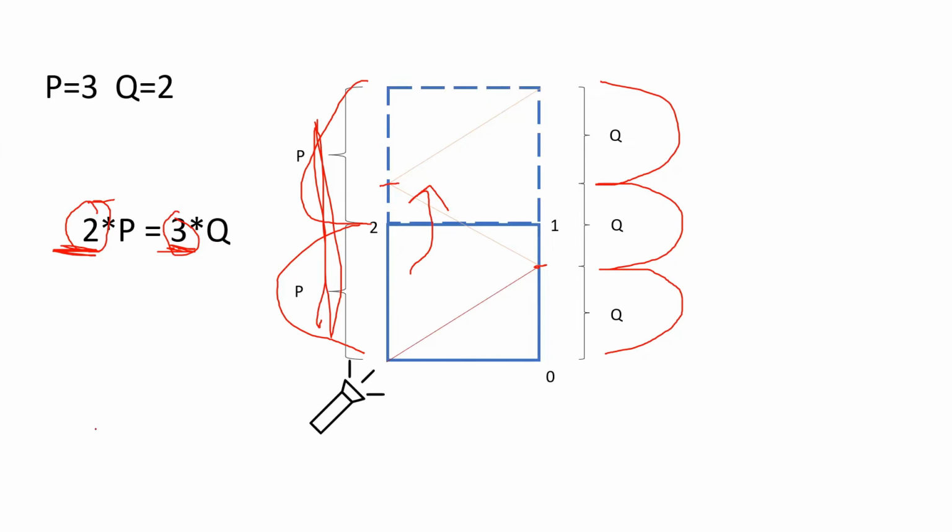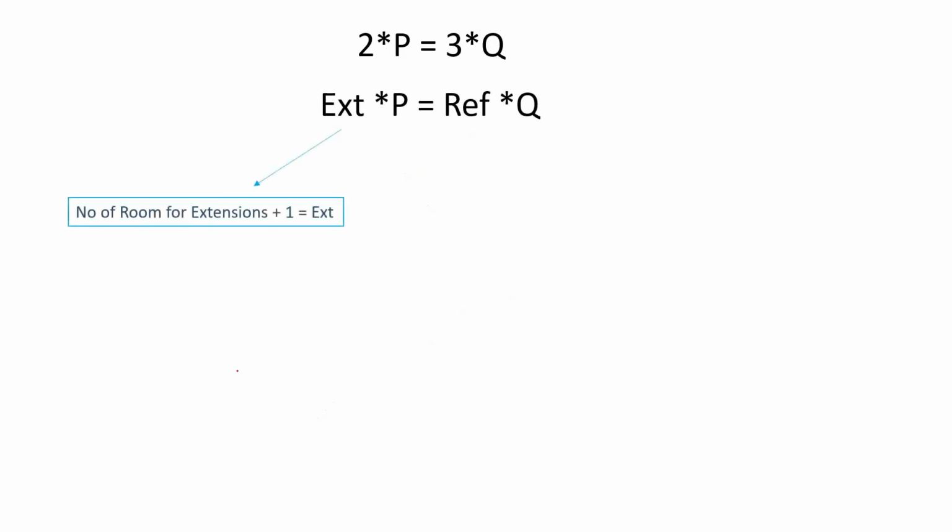Okay, so let's write the whole thing for better understanding. So we know 2 into p equal to 3 into q. We are taking this 2 as the extension, so extension into p equals reflection into q. What is this ext variable?